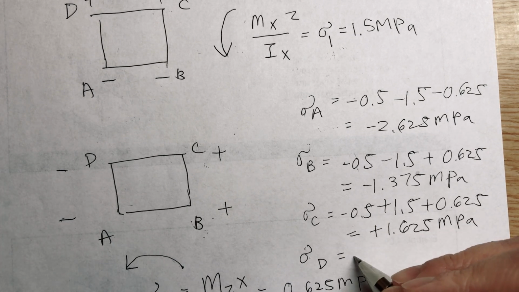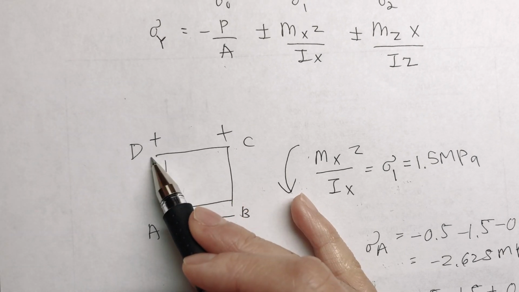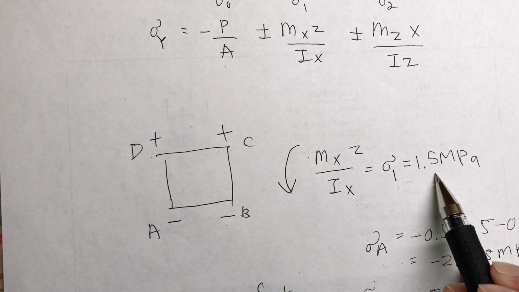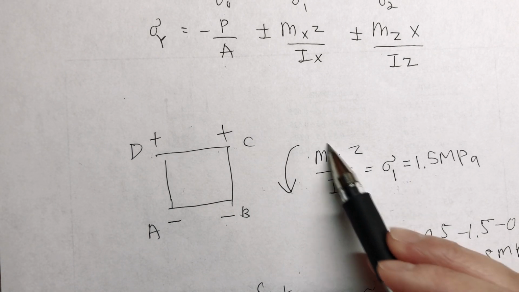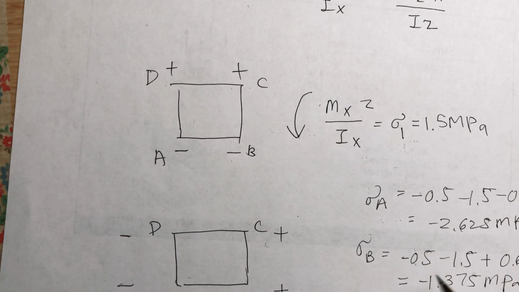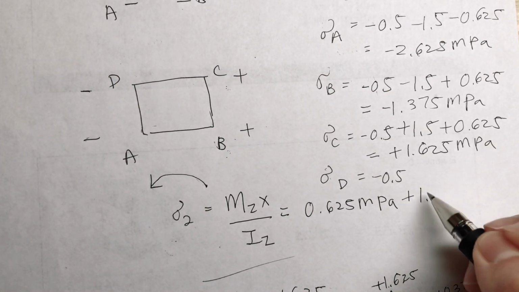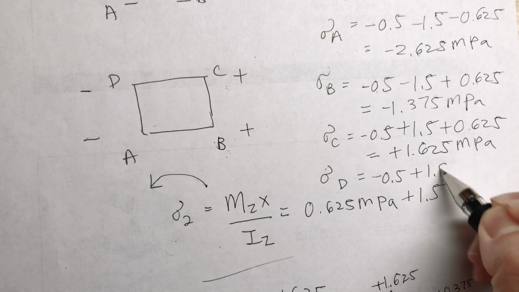Let's look at stress at point D. We have that compressive centric load. Now let's look at D. It's a positive stress from the moment about the x-axis, so positive 1.5.